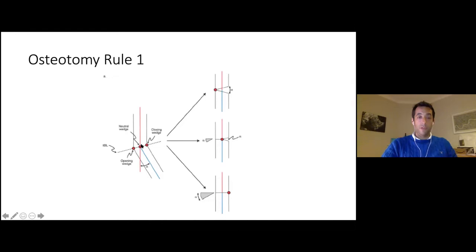If we choose to divide the bone and rotate about this central point, our 2 axes will line up and our deformity is corrected by virtue of choosing a point of correction at the CORA and an osteotomy through the CORA. Okay, that is Rule 1. You can do it via a closing wedge, and you can do it via an opening wedge, but broadly speaking, you've chosen to put your osteotomy at the CORA and your hinge at the CORA.